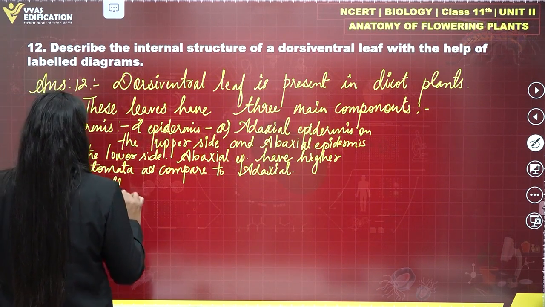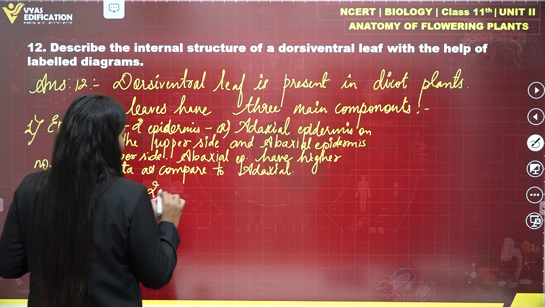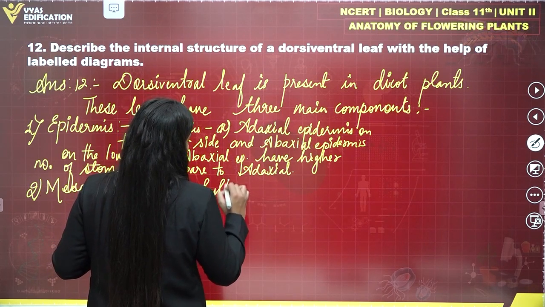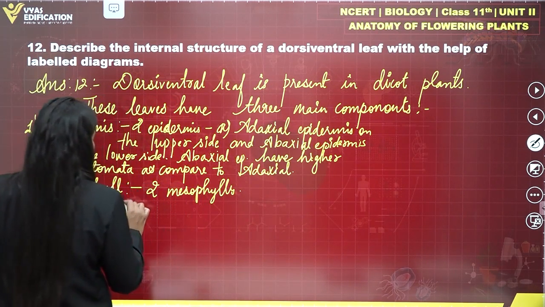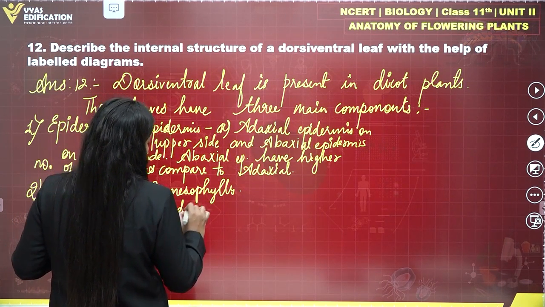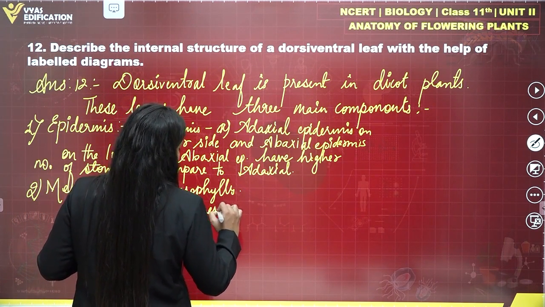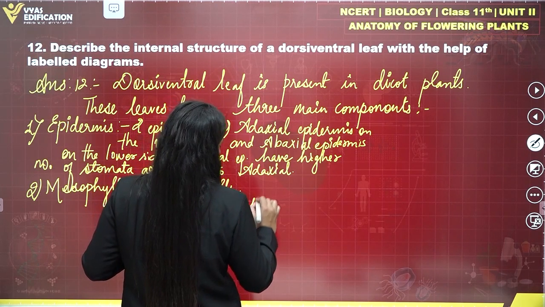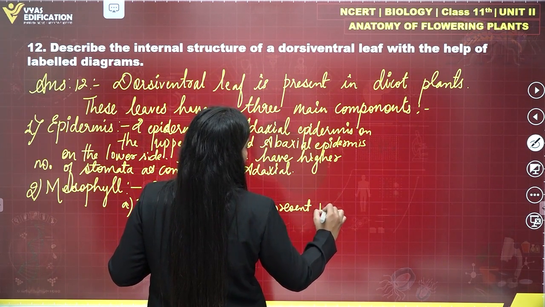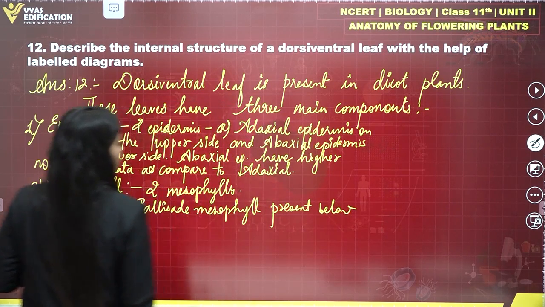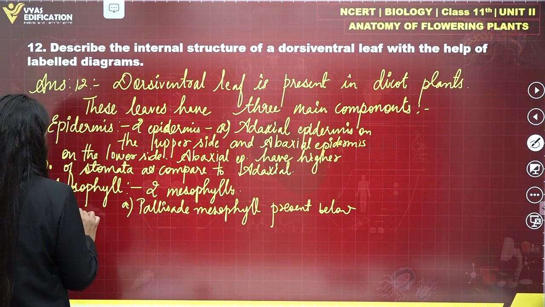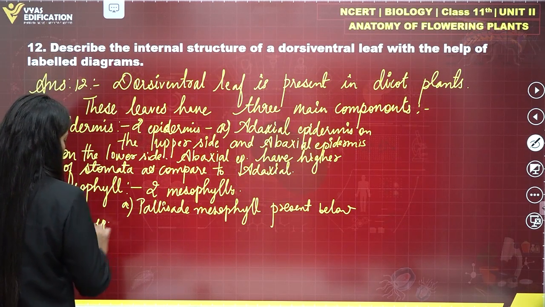We have two types of mesophyll cells. The first one is palisade mesophyll, present below the adaxial epidermis.